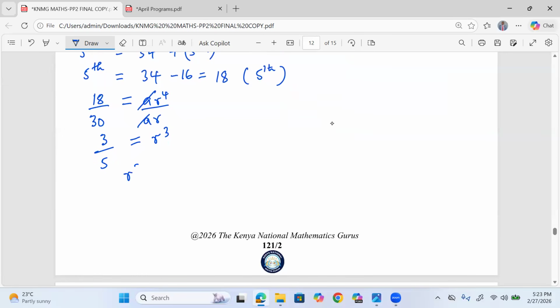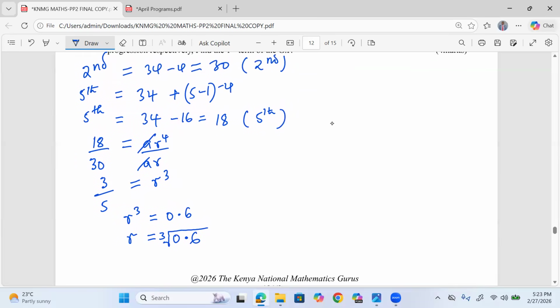So R power 3 equals 0.6, meaning that R is the cube root of 0.6. So R is approximately the third root of 0.6. Let me have it like that.